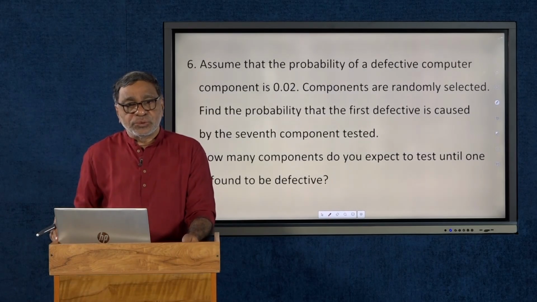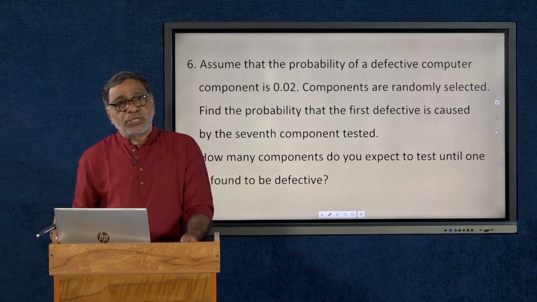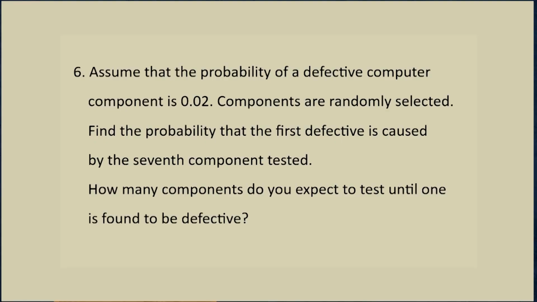So here also the question is similar to the earlier one. Assume that the probability of a defective component is 0.02. Components are randomly selected. Find the probability that the first defective is caused by the 7th component test.